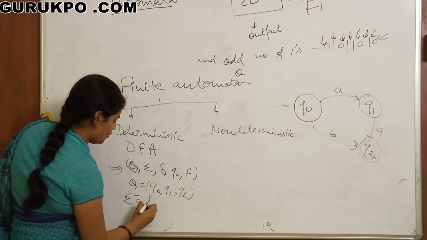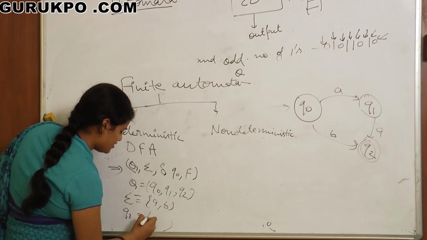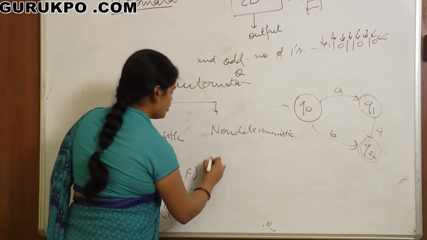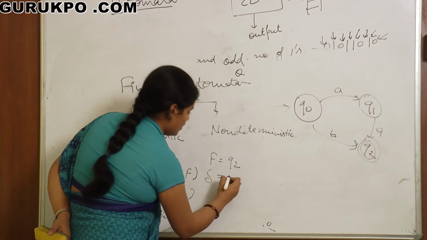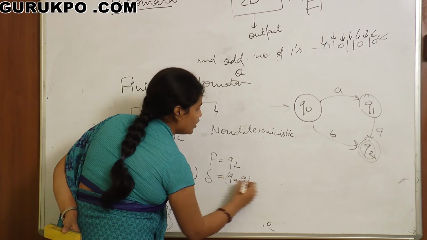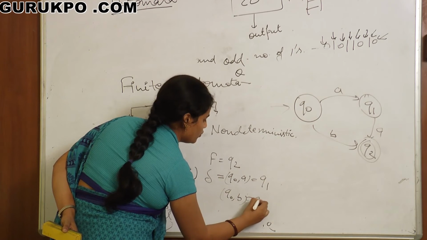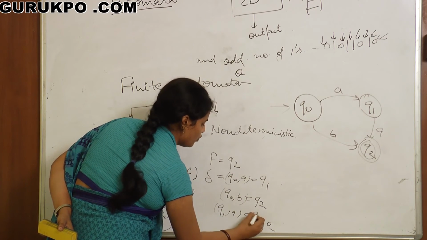Input symbols are A, B. Q0 is the initial state. And F is equal to Q2. And production rules are Q0, A equals Q1; Q0 comma B equals Q2; and Q1 comma A equals Q2.